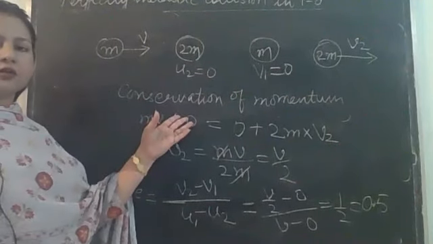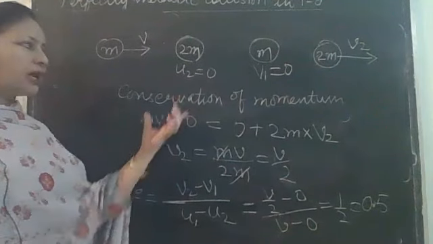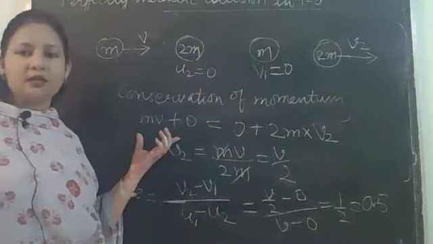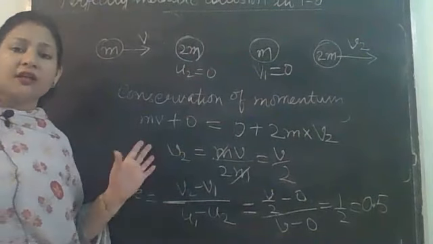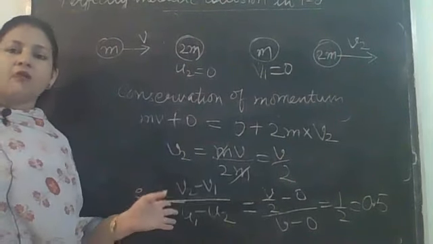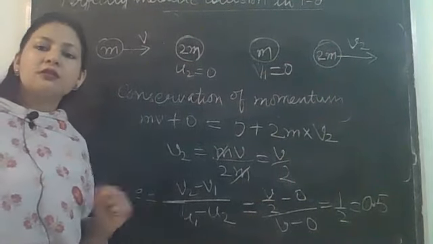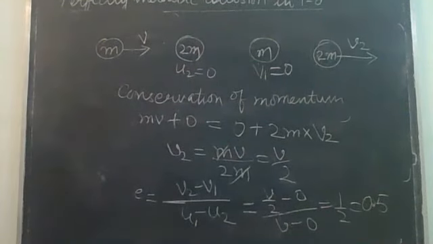For all the numericals of collisions, we can apply the law of conservation of momentum at least. We have not conserved the kinetic energy here because in the question it's not given that it is a perfectly elastic collision. So which type of collision is this? This is inelastic collision in one dimension. Okay, fine. I hope this question is also clear to you.